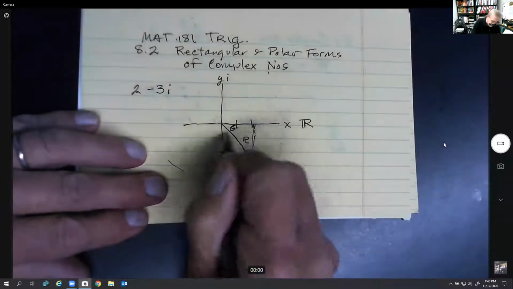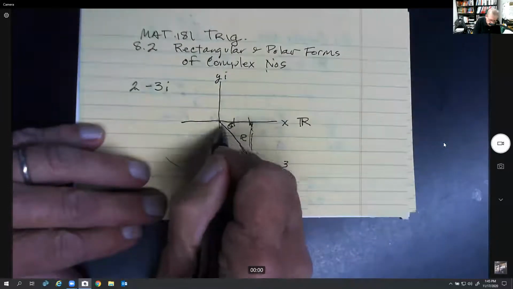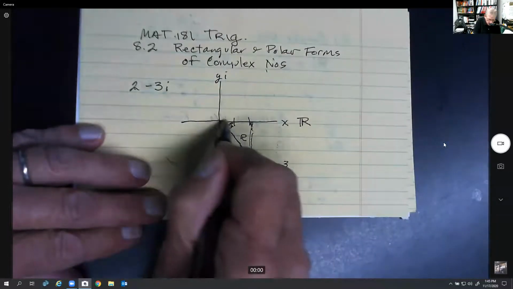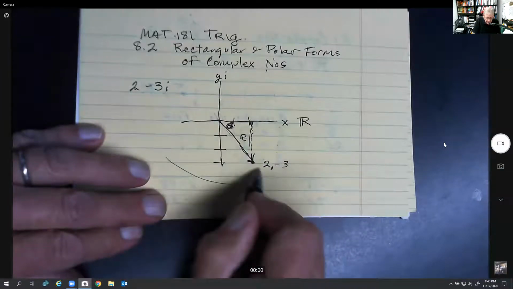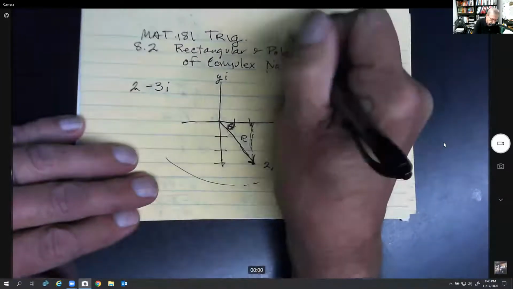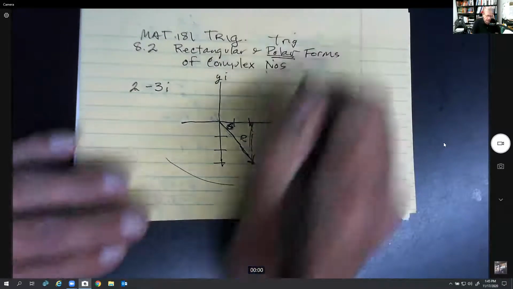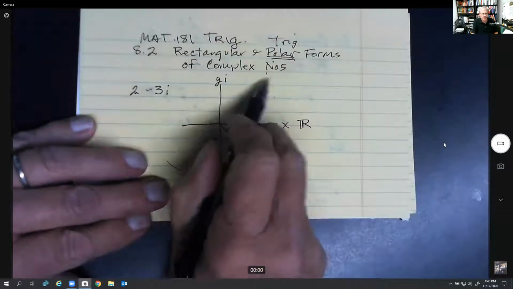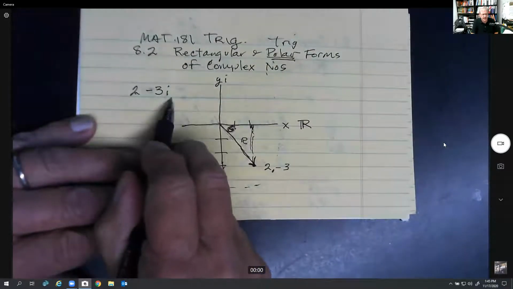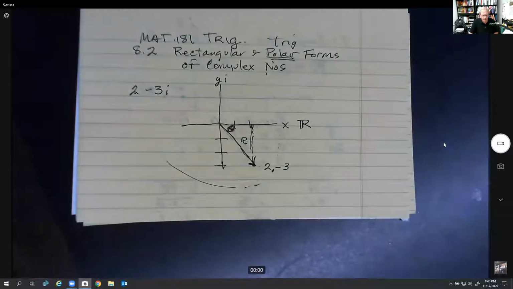So you can see that we could change this rectangular form to what we call a trigonometric form, where we have something with an angle and a radius. We sometimes call that trig form, or sometimes polar form. So we could write a complex number that we usually see in this way into polar form, or polar coordinates.